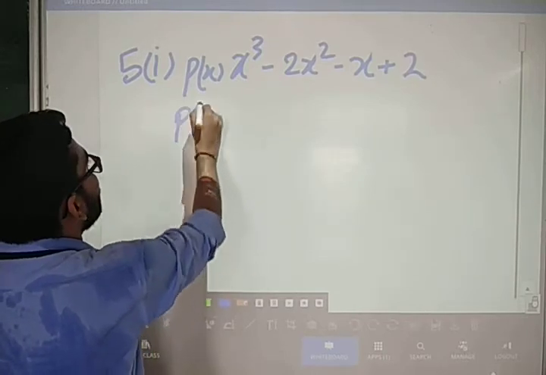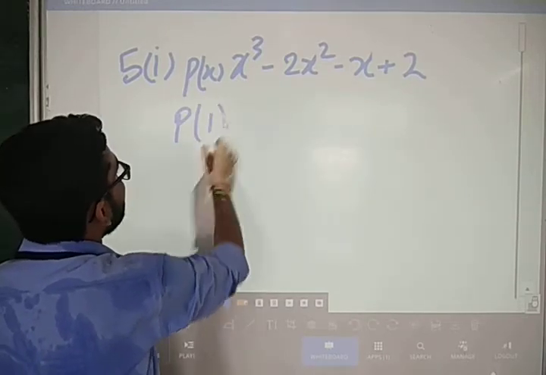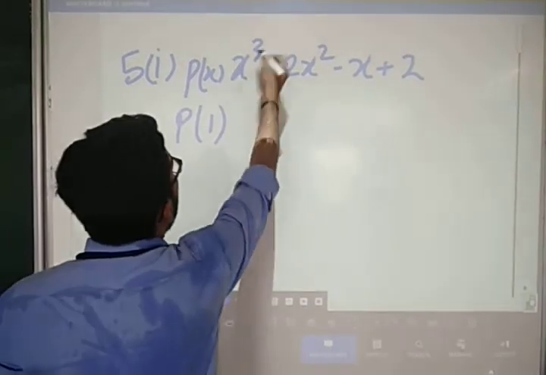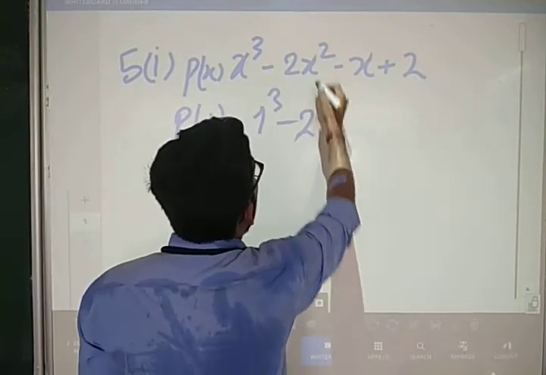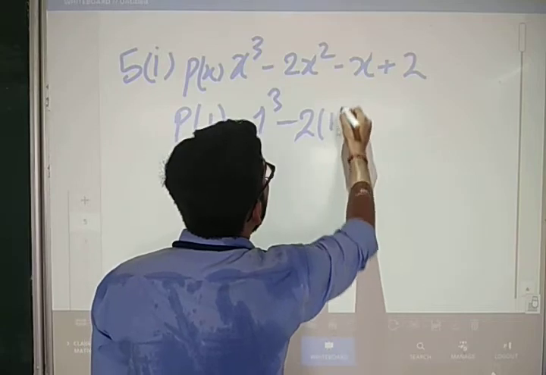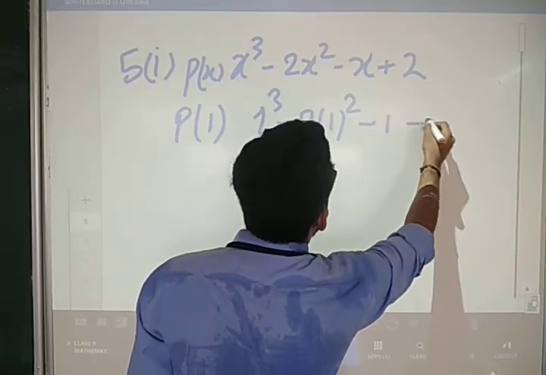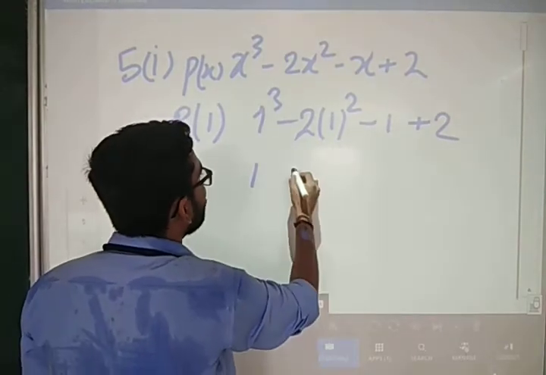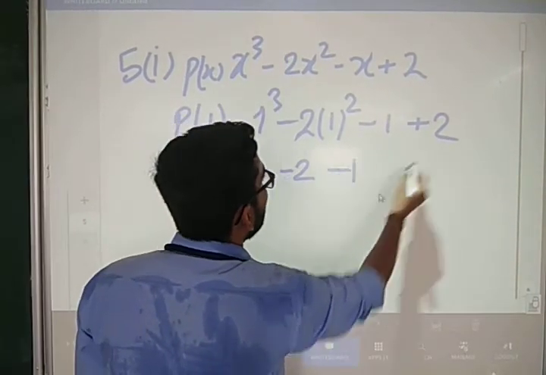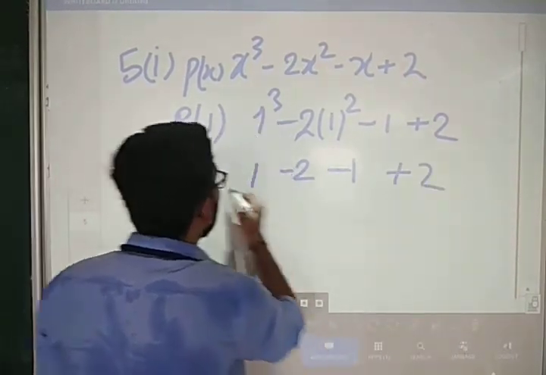Now if you put 1, meaning p(1), what will you get? x cube means 1 cube, minus 2x squared means 2 into 1 squared, minus x means minus 1, plus 2.